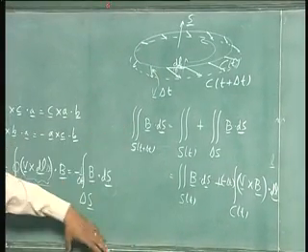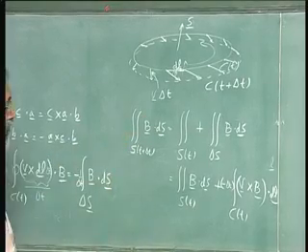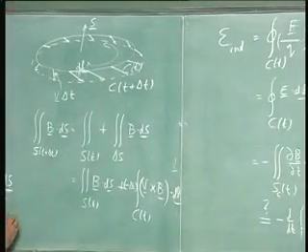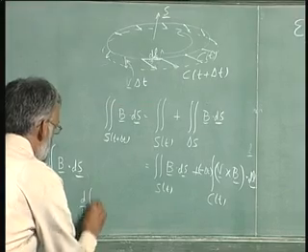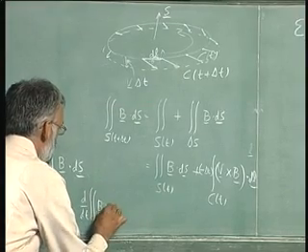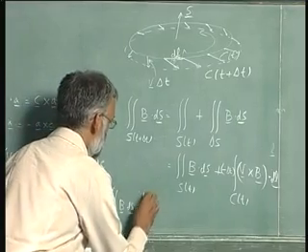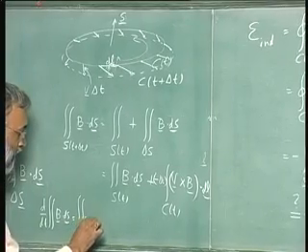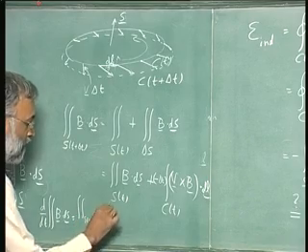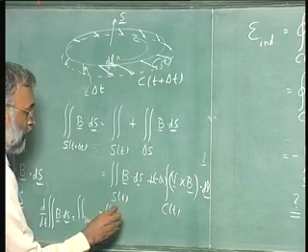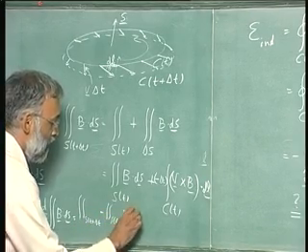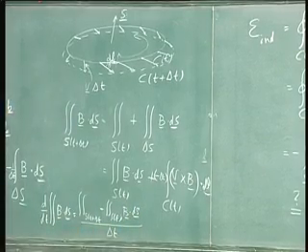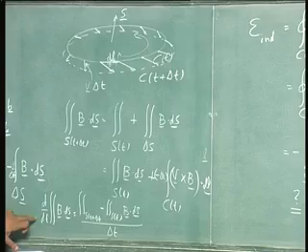Now let us look at what the original starting point was. That was here, d dt of surface integral of b dot ds can be written as surface integral at t plus delta t minus surface integral at t of b dot ds divided by delta t. That is what derivative means.